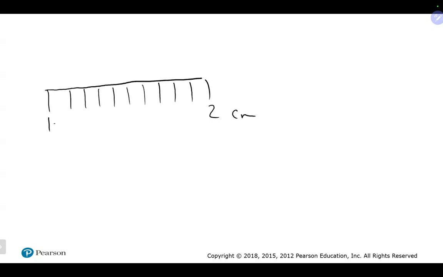Now, it's also really important that you record to the right number of digits. So we go back here, and use our same ruler. Let's say we were measuring something that is exactly on the line there.